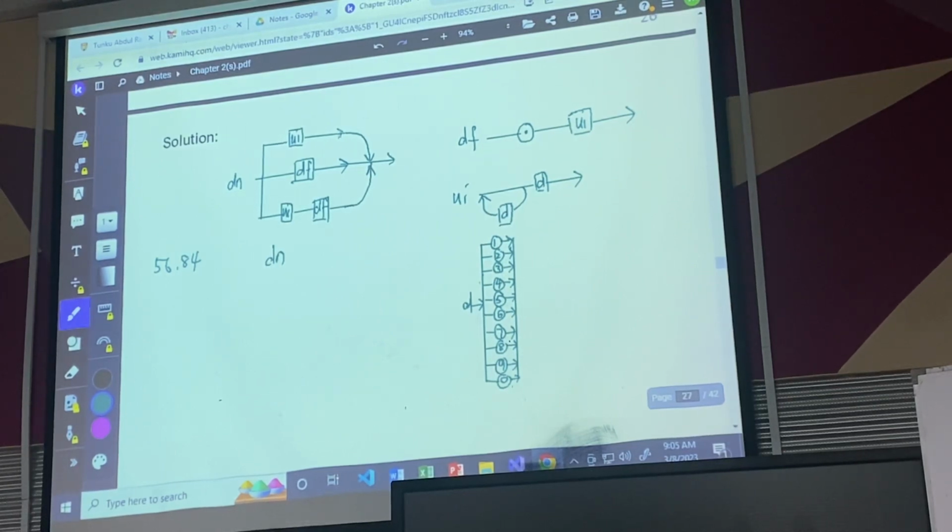Decimal number, I need to substitute with unsigned integer, or decimal fraction, or unsigned integer decimal fraction. Which one do you think? So that I can continue to get the 56.84.